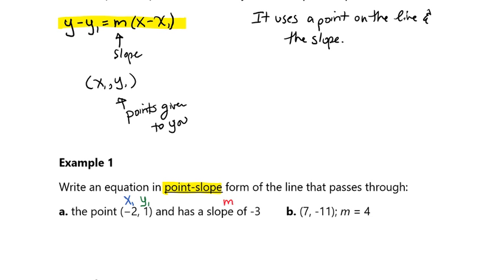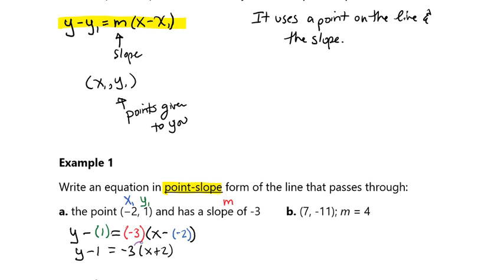So we're going to plug in what we have. So we have y minus our y1 value equals our slope, which is -3, times x minus our x1 value, which is -2. And now we're going to simplify this. So we have y minus 1 equals -3 times x plus 2.